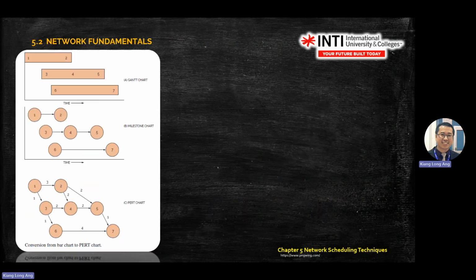Okay. On Wednesday, in our previous class, we already went through how to change from a Gantt chart into an AON or AOA chart. The Gantt chart is this one, and then this is a milestone chart. A milestone chart means what you need to reach at a certain time.